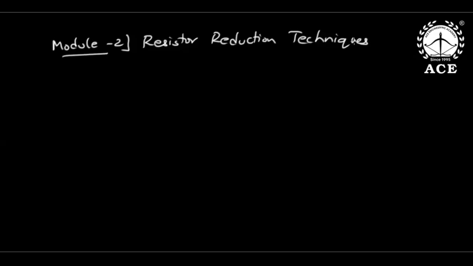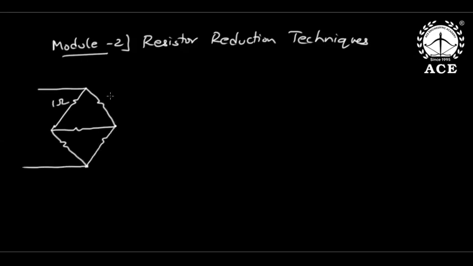Okay, so now these are the questions to find equivalent resistance. I'm giving the first problem here. You have to find the equivalent resistance as seen by the target terminals. This is the first question: 1 ohm, 2 ohm, 3 ohm, 4 ohm, 6 ohm. I want the resistance seen between these two terminals.